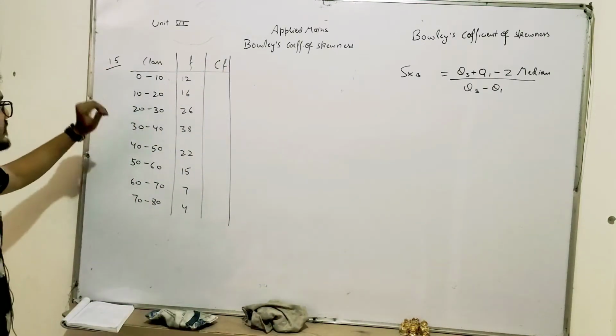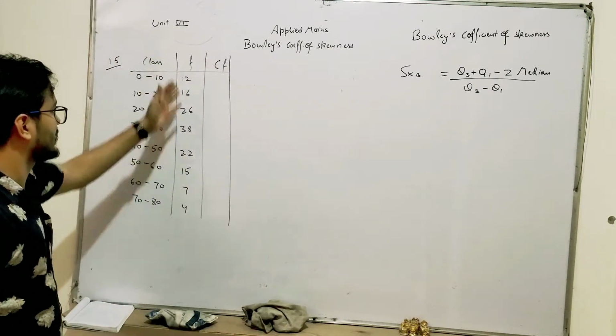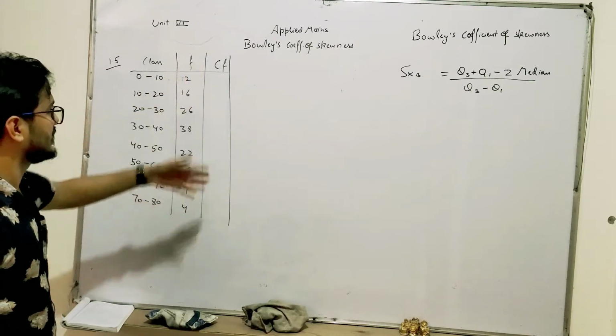So this is question number 15, with class interval, frequency, and then CF.